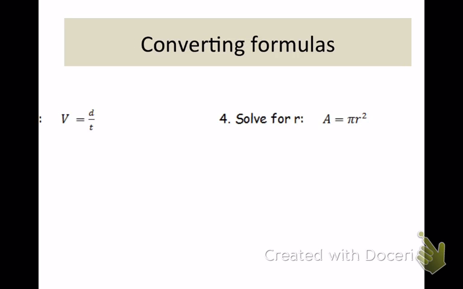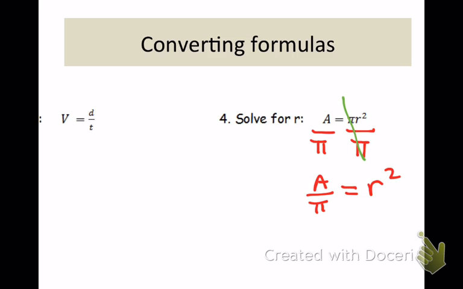So since it's next to the r, which means it's multiplying it, I'm going to do the opposite, which is divide both sides by pi. And as before, my pi will cancel on the right side, and I'm left with A over pi equals radius squared.